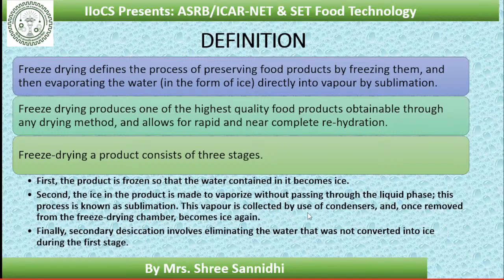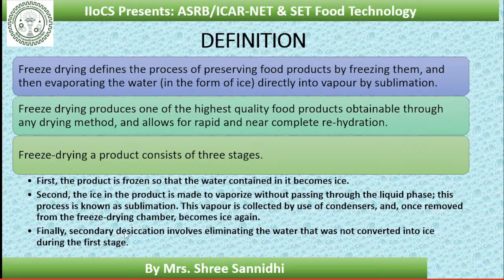The vapor is collected by use of condensers and once removed from the freeze drying chamber becomes ice again. That means whatever vapor we are removing from the food product, we are condensing it back into ice in order to make the removal of the moisture easy.